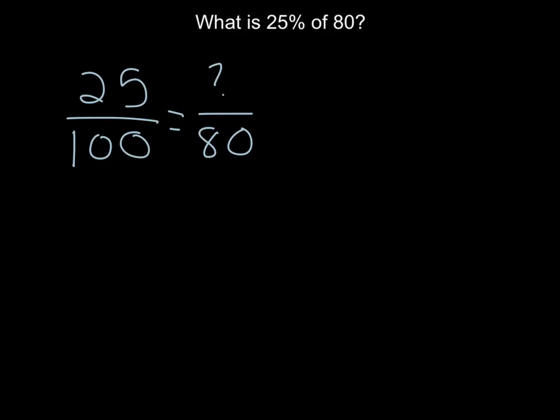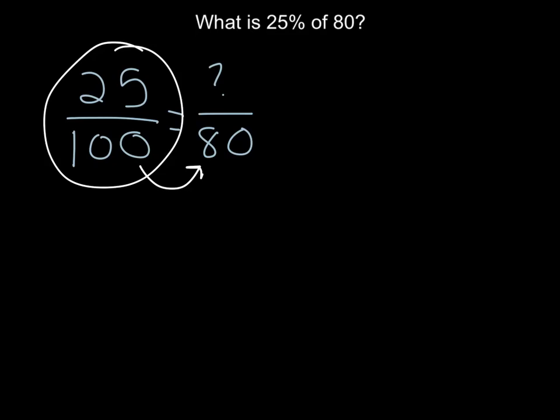Now, as you might have realized already, we cannot get from 100 to 80 by simply multiplying or dividing. So in this case, we will have to simplify our first fraction.